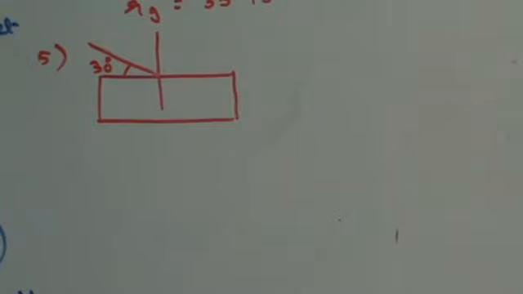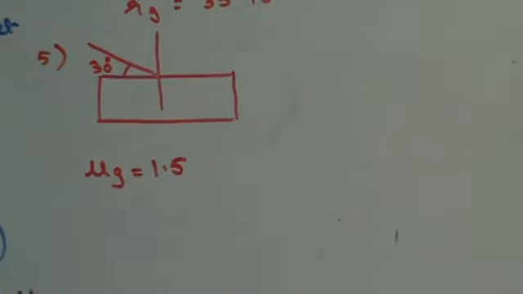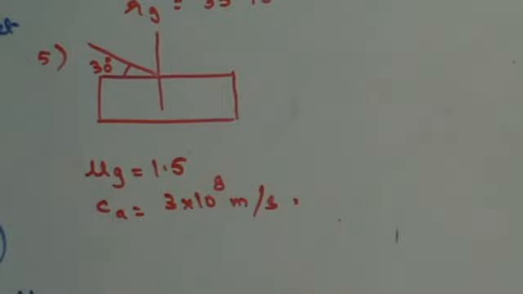Find the angle of refraction in glass and the velocity of light in glass if the refractive index of glass is 1.5 and the velocity of light in air is 3 into 10 raised to 8 meters per second.